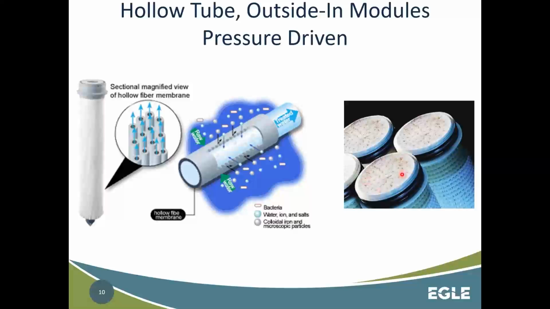This is like a resin, and the water comes through the modules out that potted end to the finished water area. You'll notice these have O-rings on them. The only thing that separates the raw water from the finished water here are these two O-rings. So the O-rings are a very critical part, and when we do have failures with these membranes, a lot of times that's the culprit, a bad O-ring, or it got rolled incorrectly when it was installed.